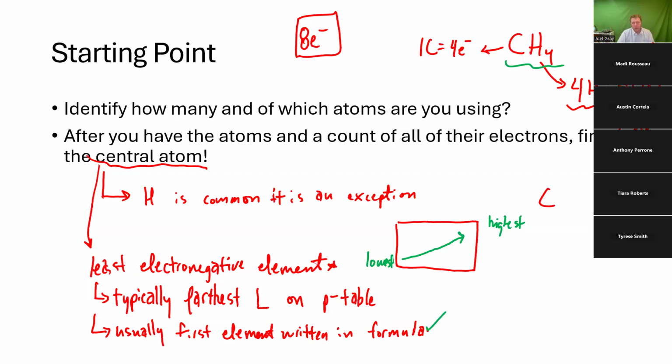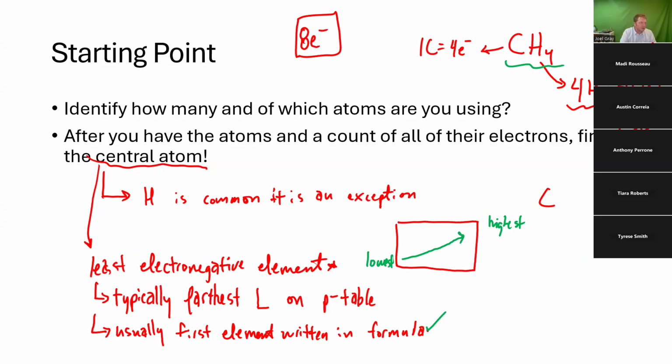Where it's not going to help is if you get a word problem that says you have a compound made up of 4 hydrogens and 1 carbon. Well, you don't have the formula there. You can piece together the formula, but if you wrote H4C, that's not going to help you with this rule. So you've got to juggle these 3 details, and keep in mind that exception.